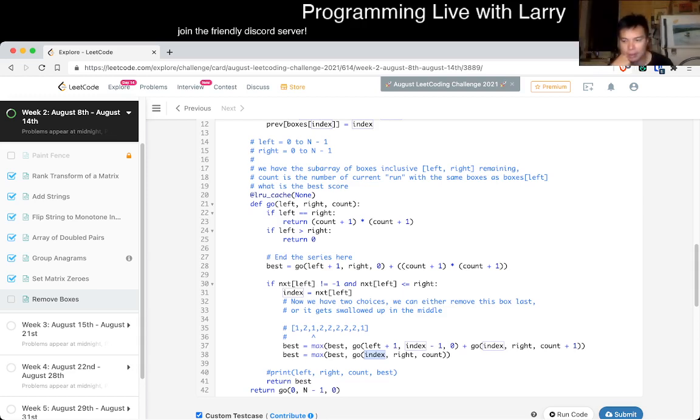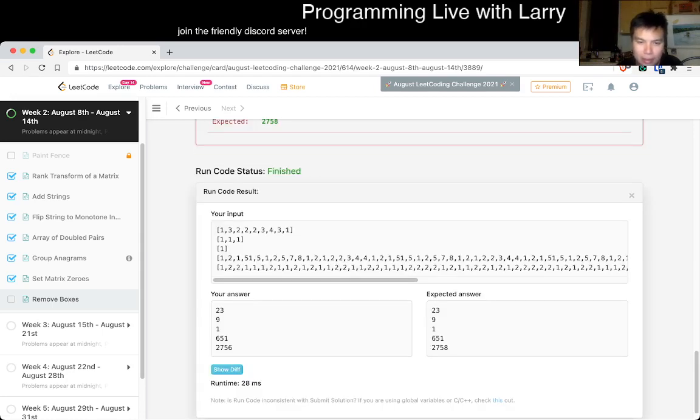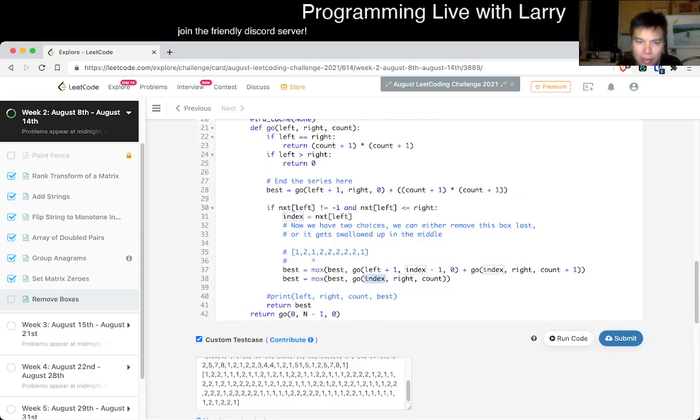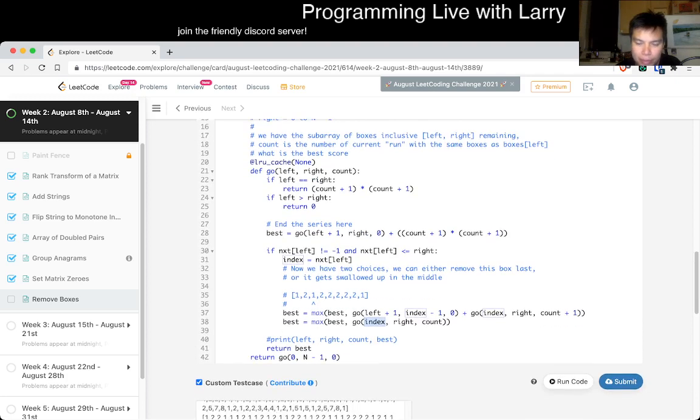I thought I was close, but I was wrong. I thought we had this though. Let me bring the for loop back.